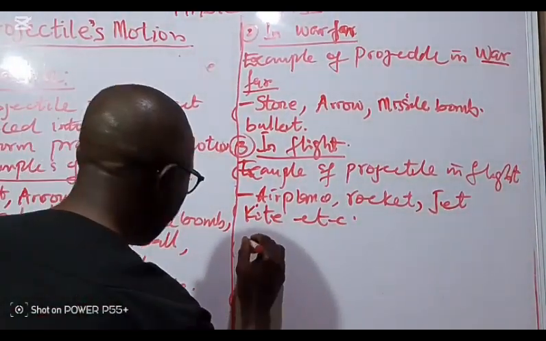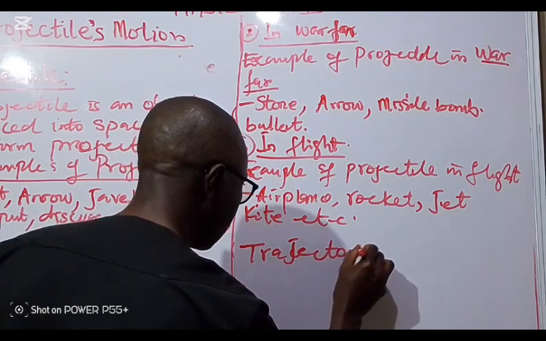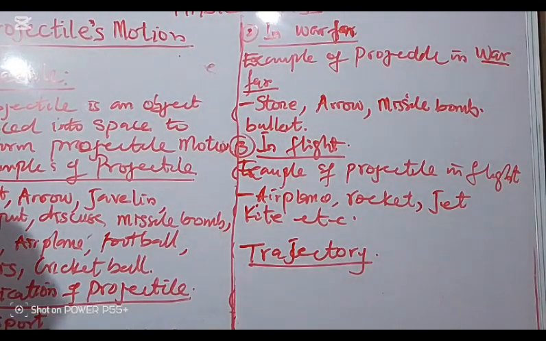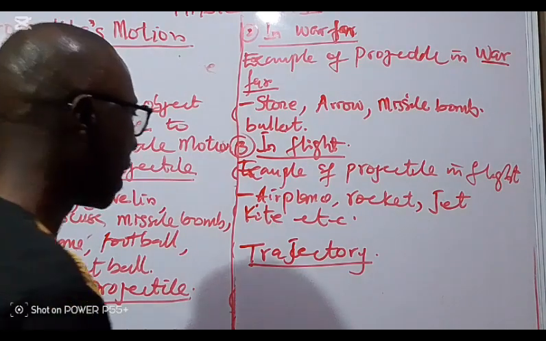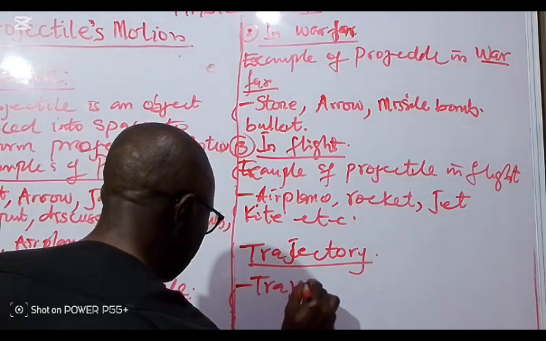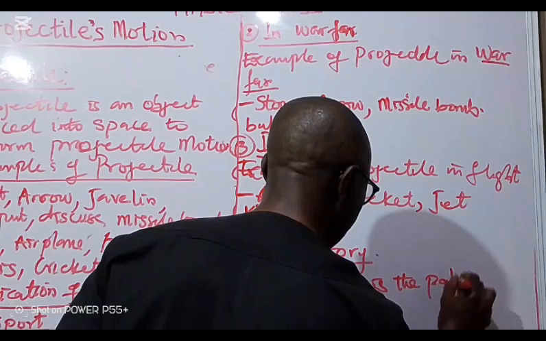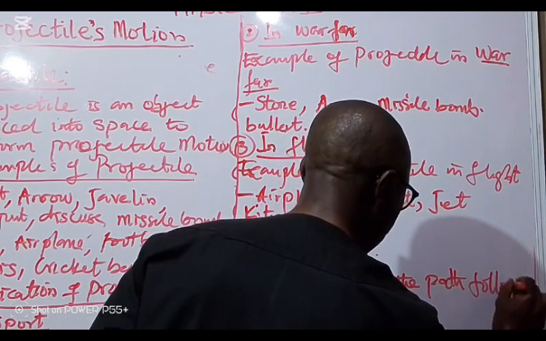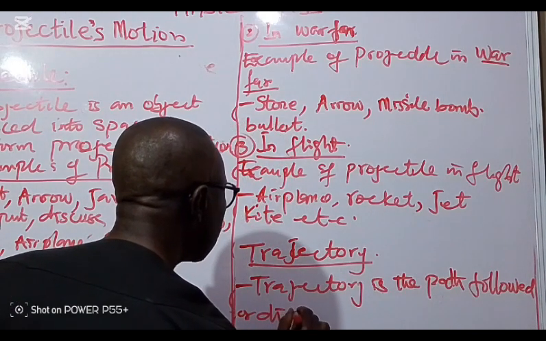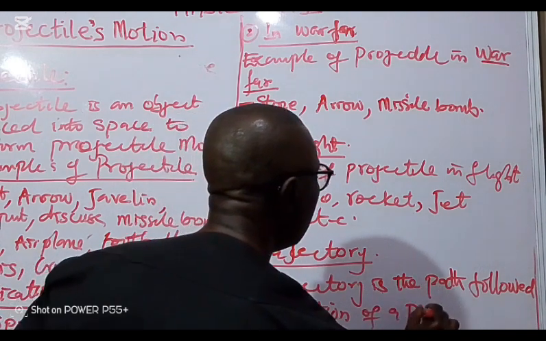Next is what we call trajectory. When you say trajectory, it simply means the path or the direction of a projectile. That is, trajectory is the path followed or direction of a projectile.